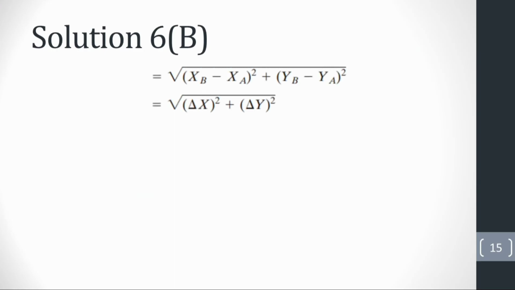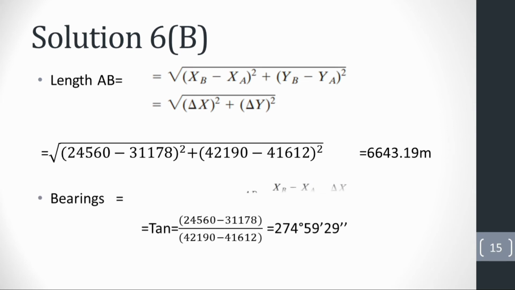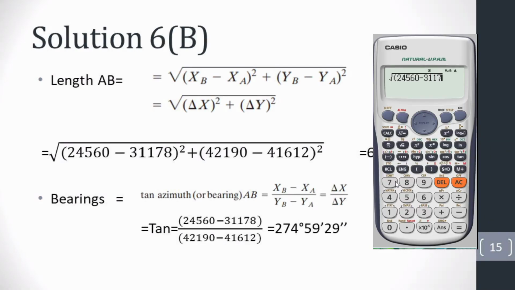So length AB is the square root of the easting of B minus the easting of A, squared, plus the northing of B minus the northing of A, squared. Remember to use your calculator, right?